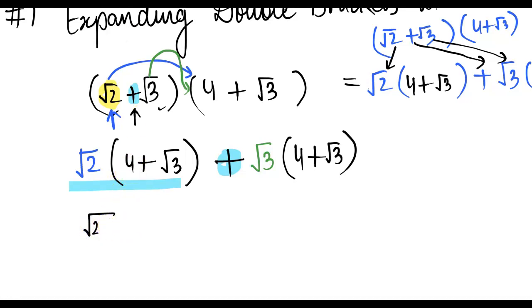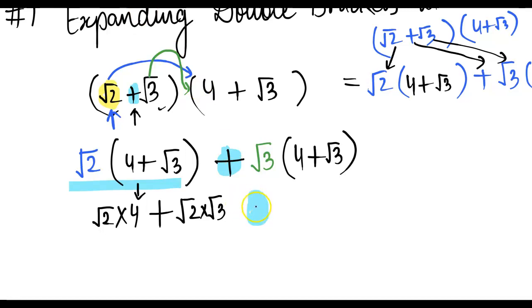Don't make a mistake: we have just root 2, but 4 is not a surd number, so we multiply it like this, plus root 2 times root 3. This belongs to this particular bracket. Now we have this plus here, so let's copy down that plus.